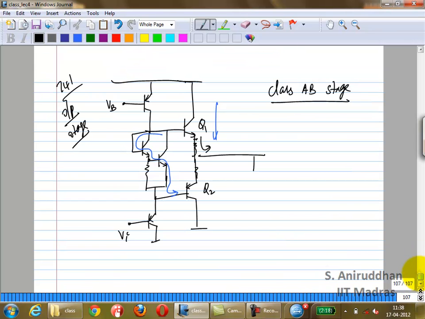What we'll do is we'll draw the class AB stage. Assume that the two sides have no bias difference, so that will be class B operation. Then we'll see what happens in the general sense.